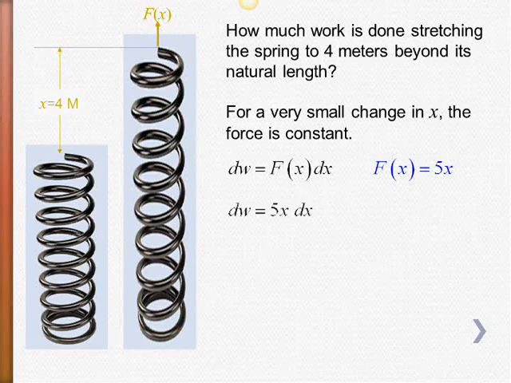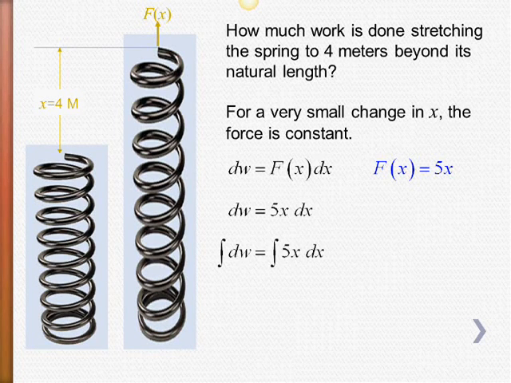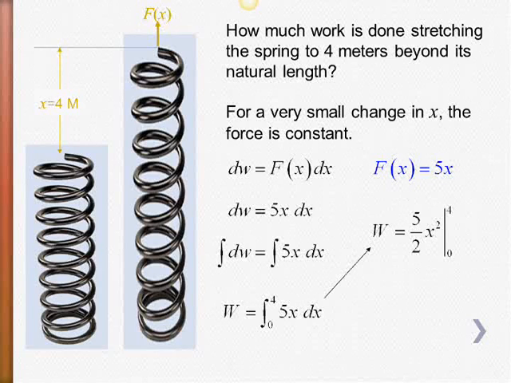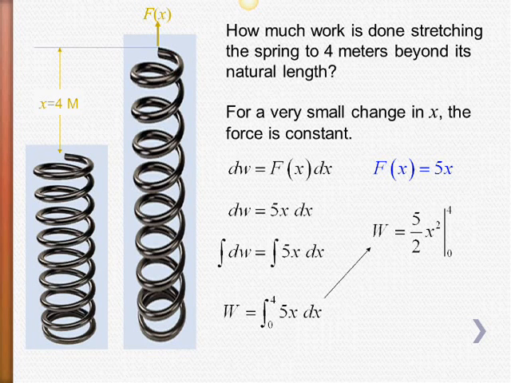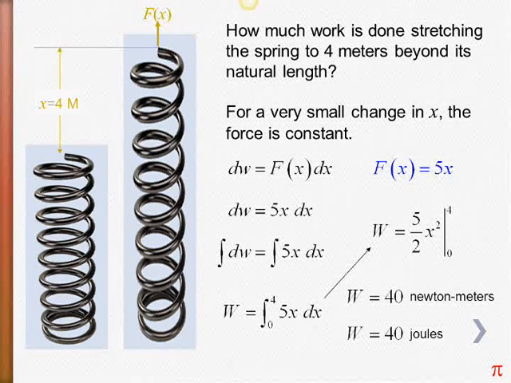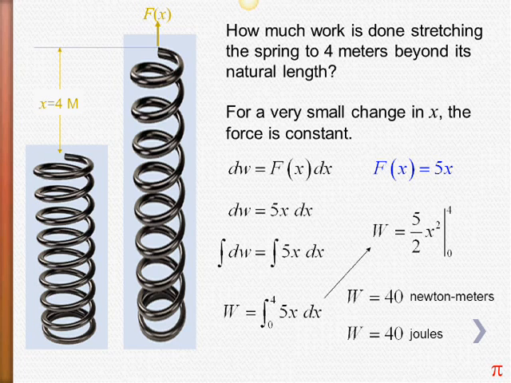The integral of 5x dx is 5 halves x squared, and then I integrate that over the interval 0 to 4. When I put 4 in and 0 in, I get 40 newton meters. One newton meter is equal to 1 joule. So the amount of work it would take to stretch the spring 4 meters beyond its natural length would be 40 joules.